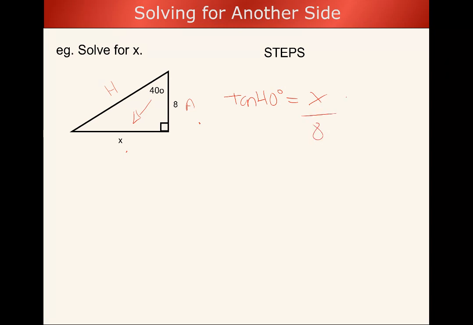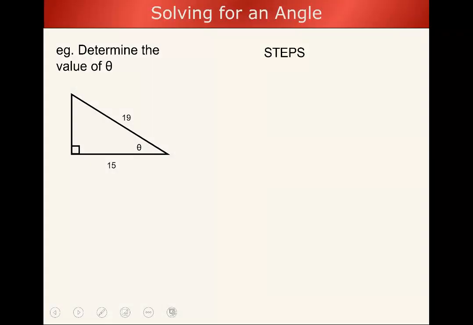You're going to do the same process as before. Multiply both sides by 8 to get rid of the 8. Keep x over on the right. And I go tan 40 equals, and then times 8, which makes 6.7 degrees. It's that easy. That easy to do right angle triangles.